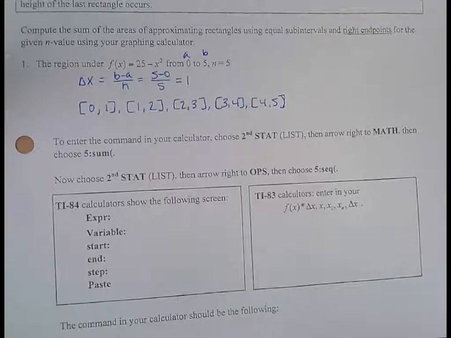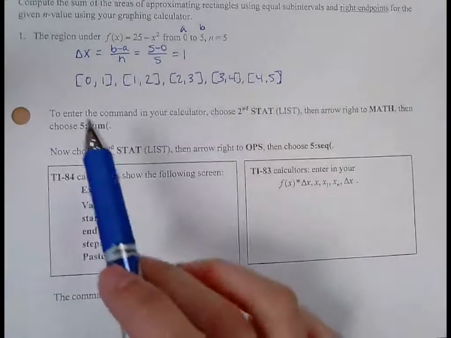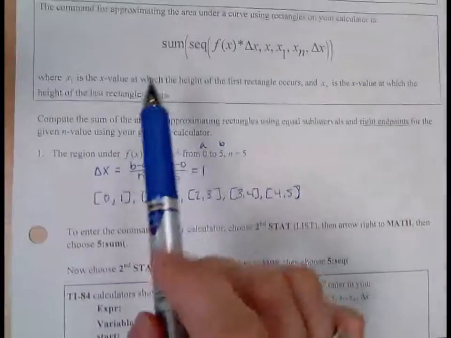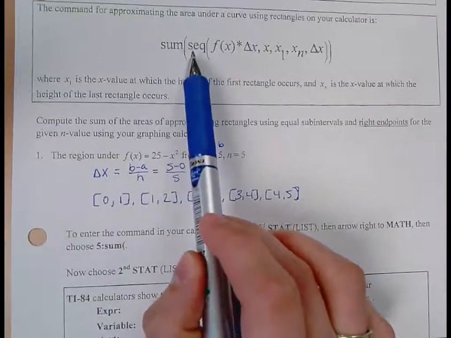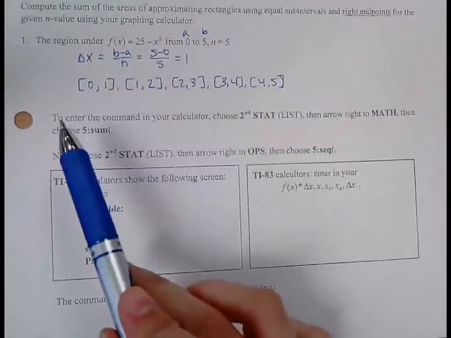Okay, now you're going to let the calculator do the rest of the work for you. You just have to know what to type in where. So what you have to do is enter in the sum and the sequence part. You have to tell your calculator to do those two functions. So where to find those?